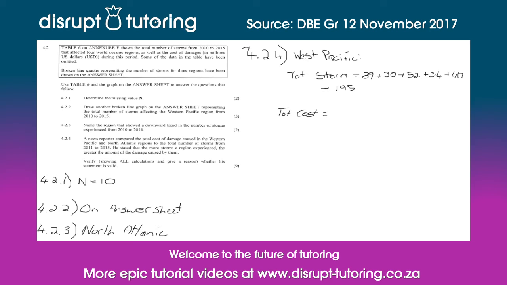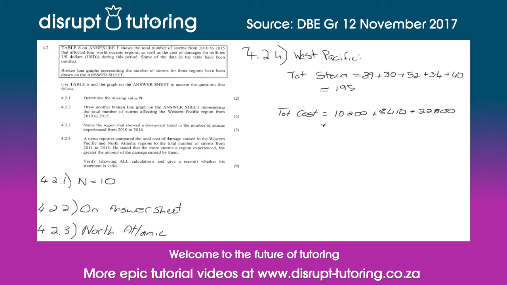So it was 10,200 plus 8,410 plus 22,800. Let's go on the next line here.